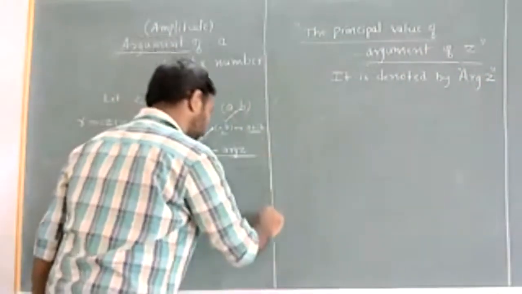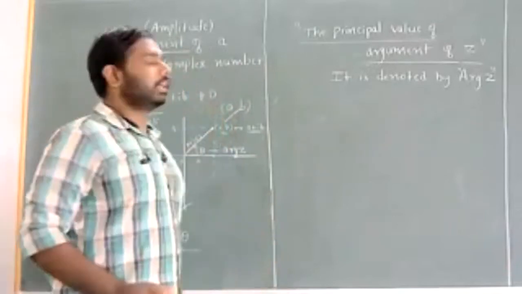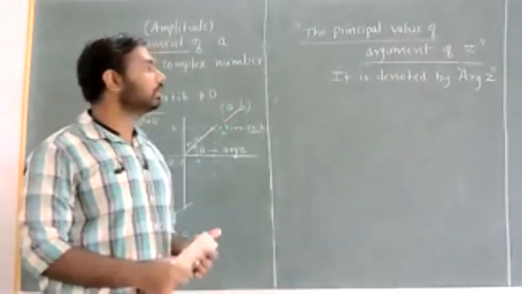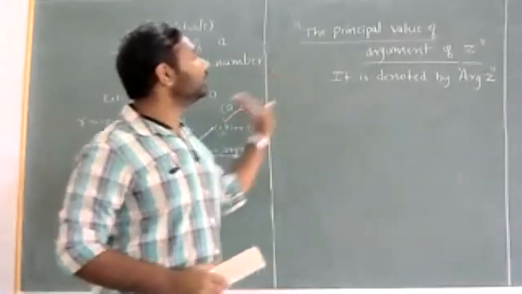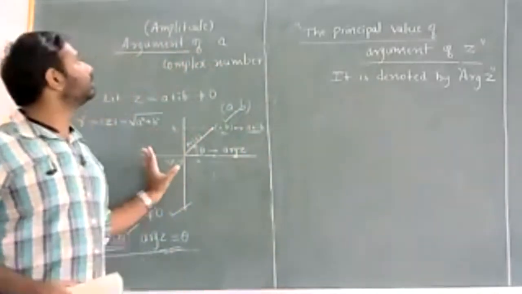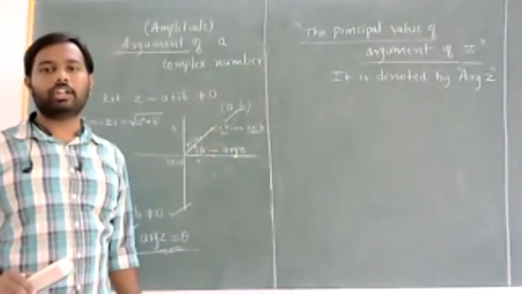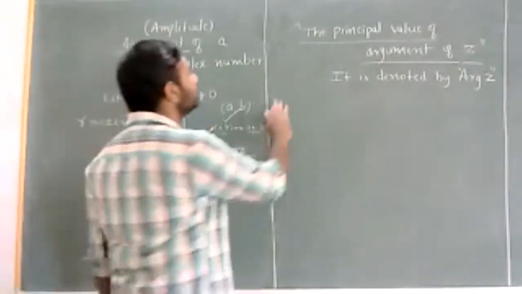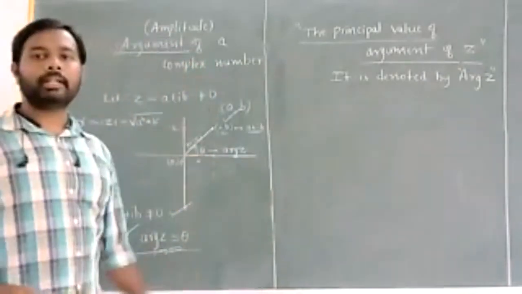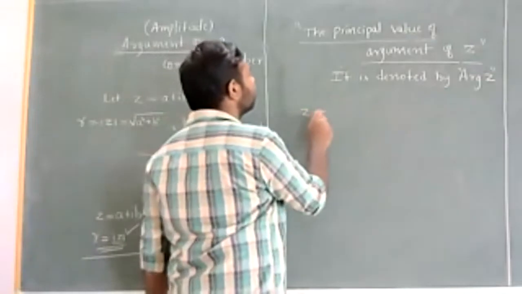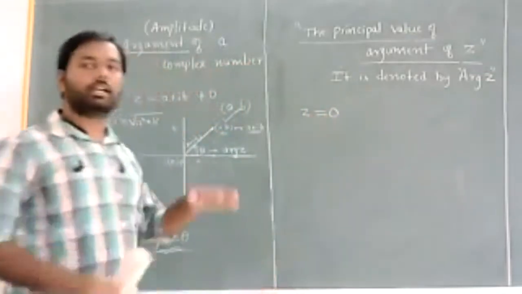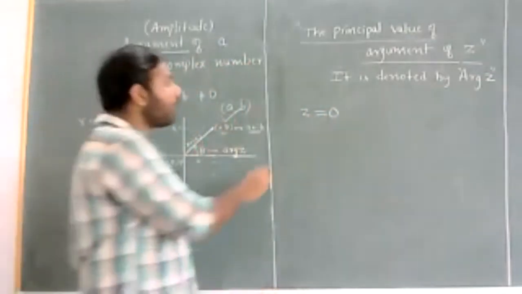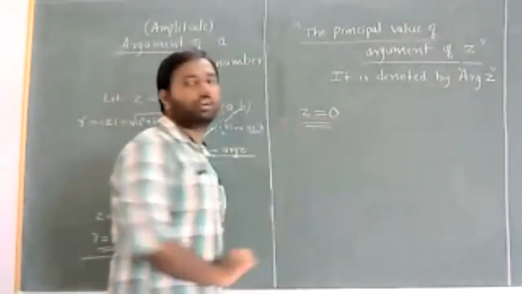Now, this is about the argument of z and the principal value of the argument of z. Now the question is, in defining the argument of z, we have kept the zero complex number out of the definition. We have not considered the zero complex number.